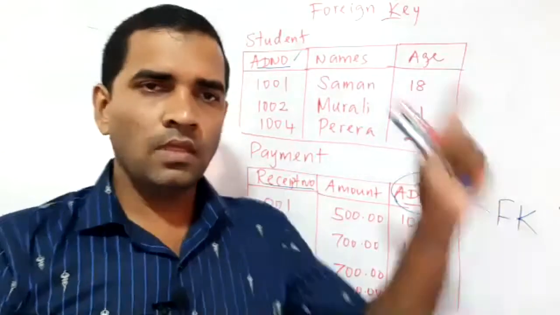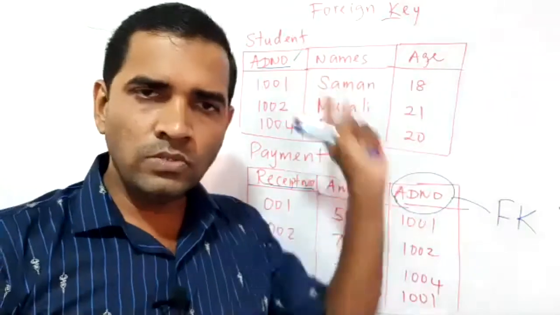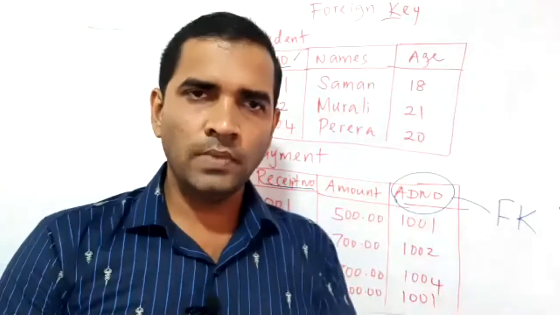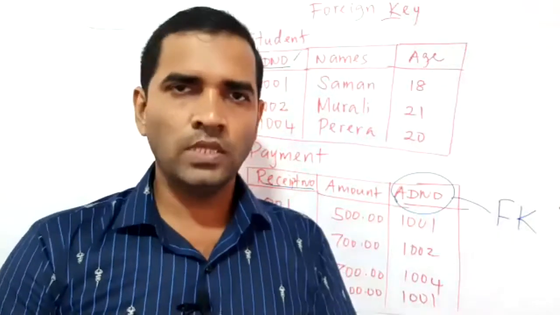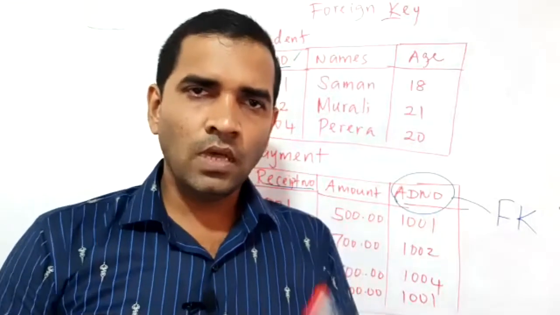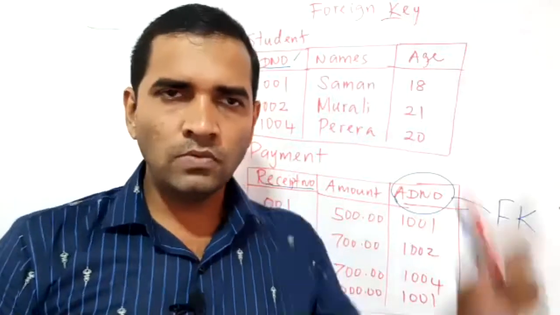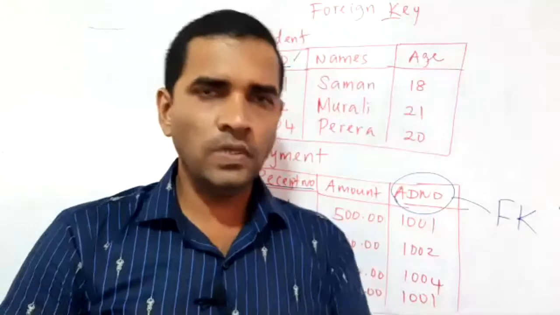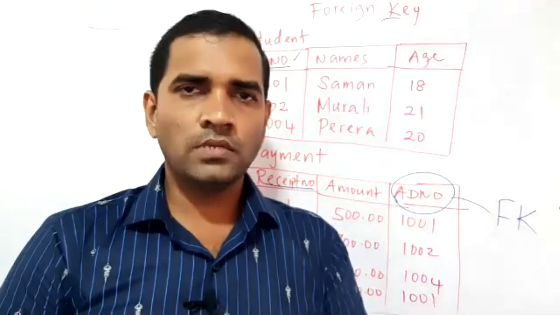It is too easy. If you want to join two tables together, right? For joining two tables, so for connecting two tables together, you need a fundamental rule, which is having a common field. If you want to join these two tables together, definitely there is a common field needed.